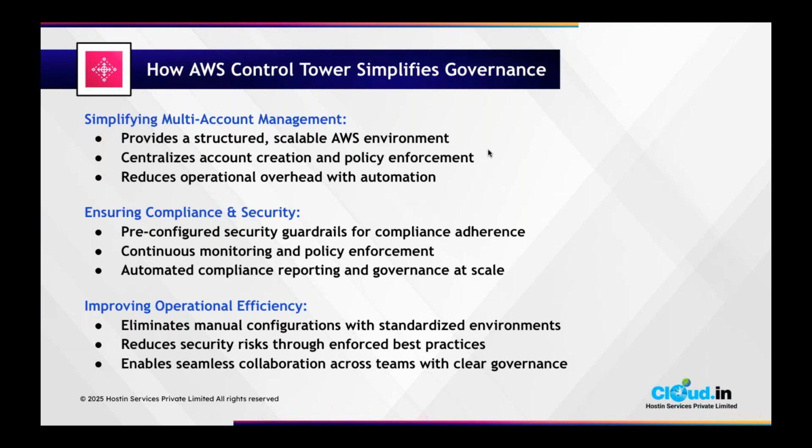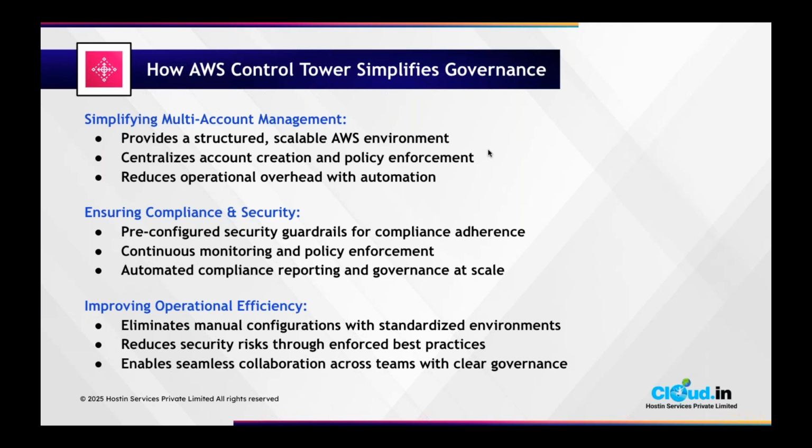Without a strong governance model, it's easy for security gaps and compliance violations to slip through. AWS Control Tower simplifies compliance and security by implementing pre-configured security guardrails, like preventive guardrails and detective guardrails, to keep your environment and infrastructure safe.